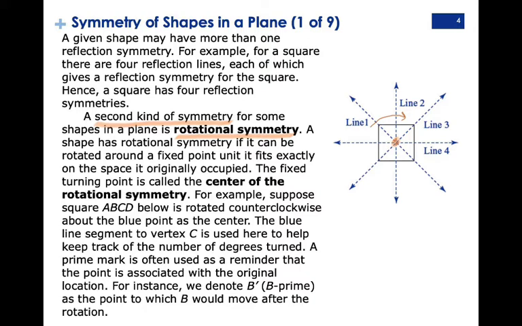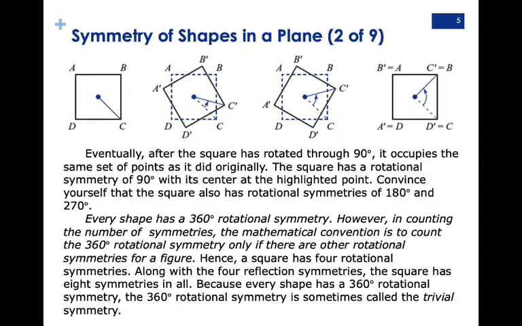And we could see for a square, if we do 90 degrees, we'll get the same shape again, 90 again. So the rotational symmetry is 90 degrees for a square here. Now to keep track, when we rotate an object or change it, we're going to use this prime notation.